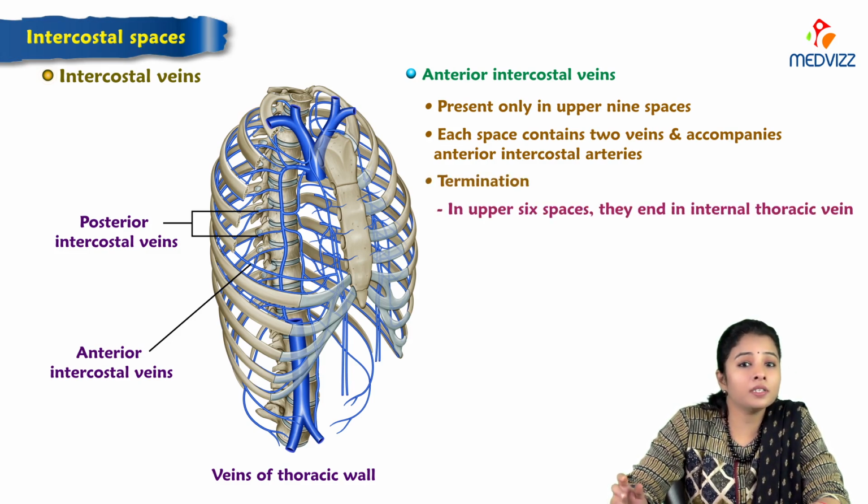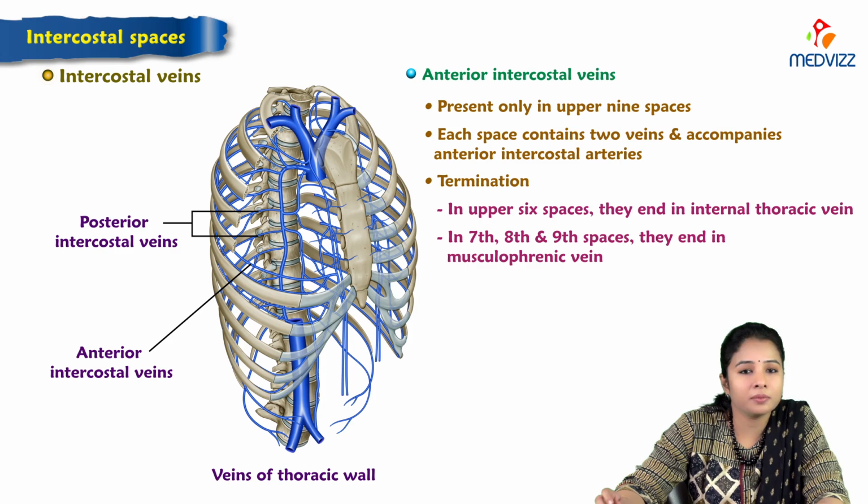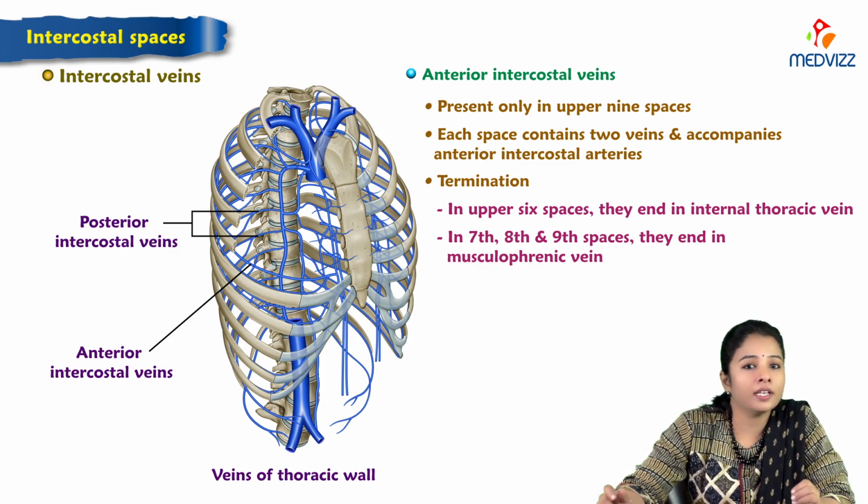Termination: the upper 6 spaces, they end in the internal thoracic vein, whereas 7th, 8th and 9th spaces, they terminate into the musculophrenic vein.